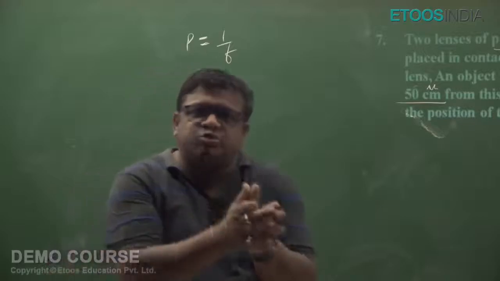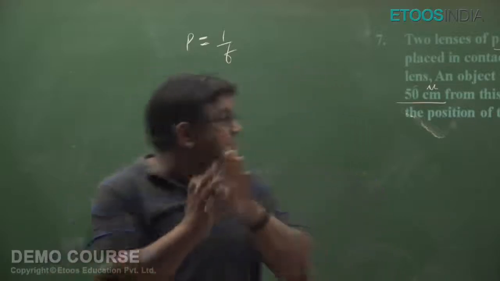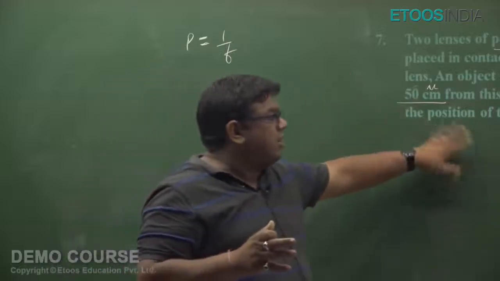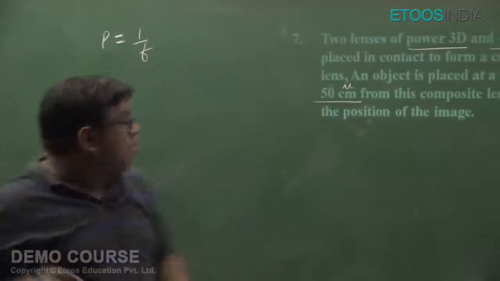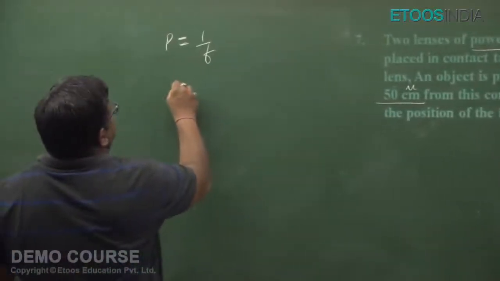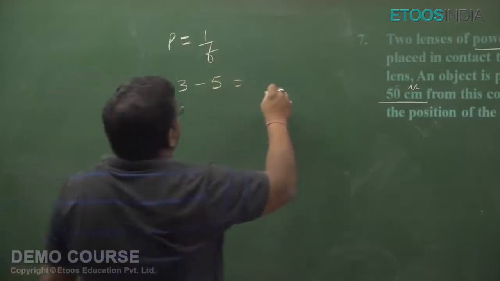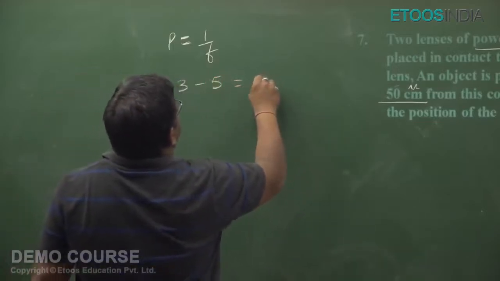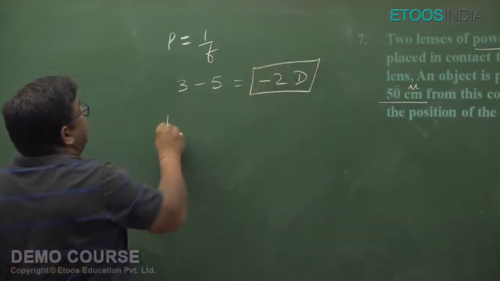But when we combine these together, the actual power is the algebraic sum of those two. So how can we do that now? Yes, 3 minus 5. Answer comes out to be minus 2 diopter. So this is the resultant power.